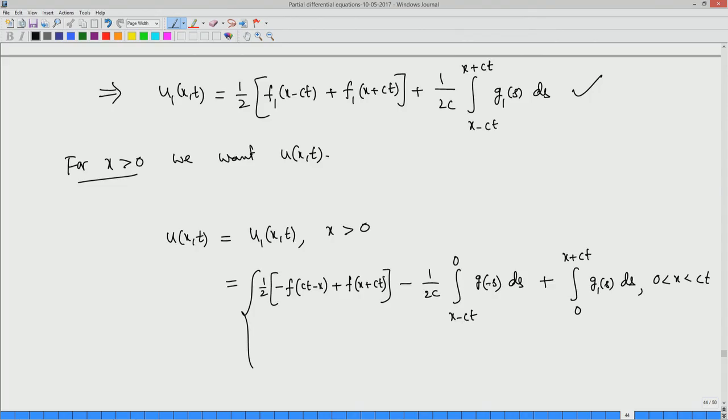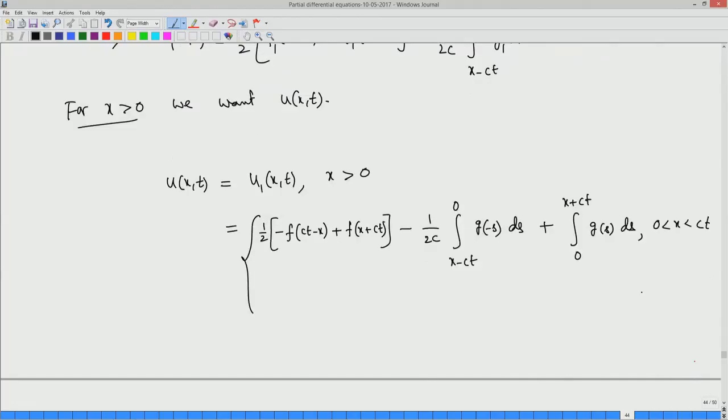So g1 of s, with s negative, is minus g of minus s, which I put here. And from 0 to x plus ct, s is always positive, so g1 is g of s. Now what is the other term?